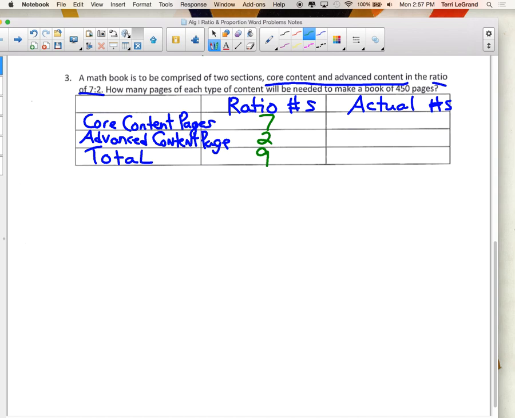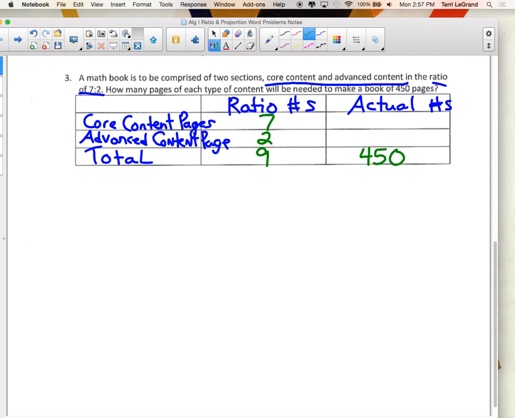Okay, what else can we put in this table? Jayden? 450 in total. 450 for the actual total. Do we have enough information to solve for one or the other right now? Yeah, we do, don't we? So which one do you want to solve for first? Core content?